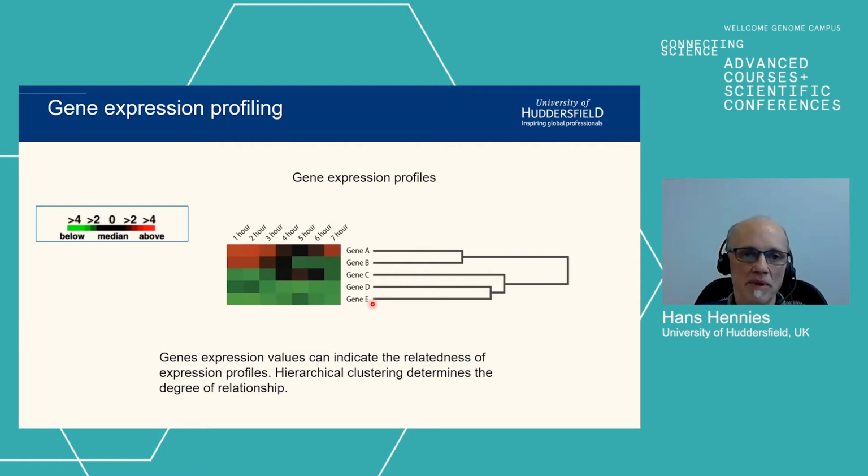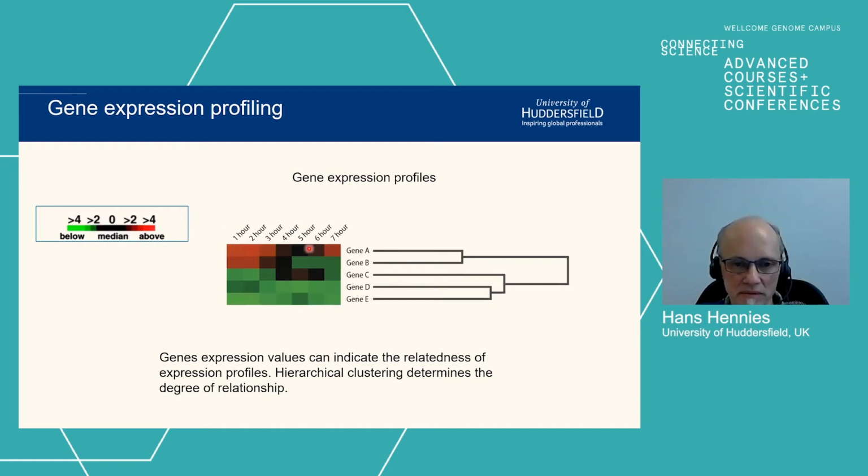Just to give one brief example, this would be the analysis, how we would find gene expression profiles. Here we have, for one particular gene, for instance, the expression levels at particular time points, and we would typically have either a decrease or an increase of the gene expression, which is shown here by different colors.